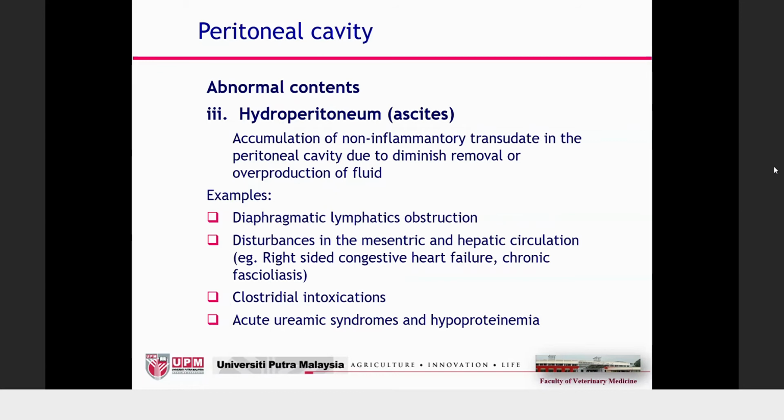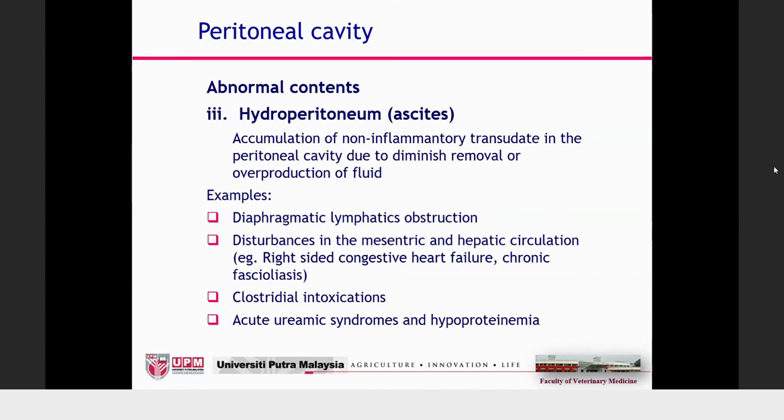So ascites or hydroperitoneum is one of the differential diagnoses for overdistention of the abdomen. Remember that another differential diagnosis for overdistention of the abdomen is tympany or bloat.